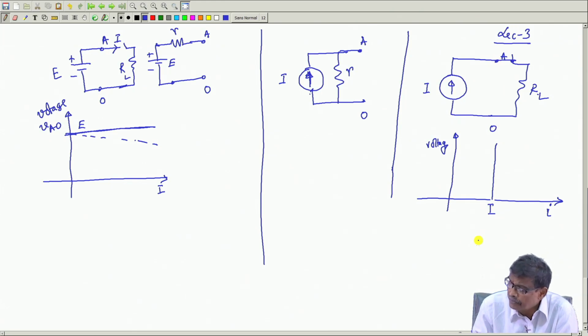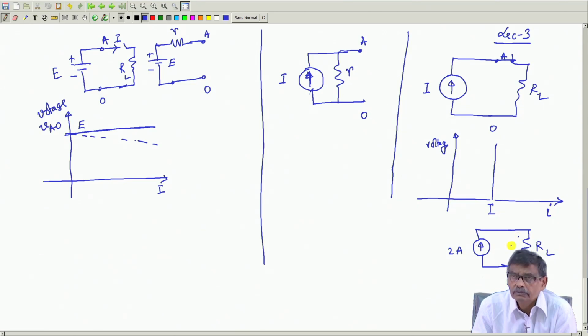For example, if you have a 2 ampere current source, an ideal current source, and connect RL. If RL is equal to 1 ohm, the voltage across it will be 2 volt.